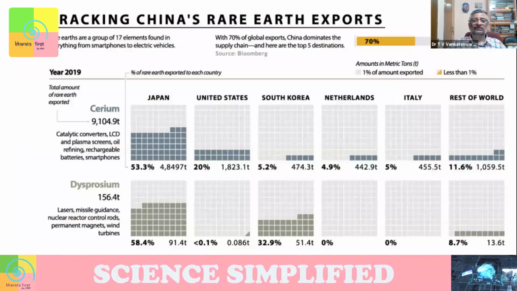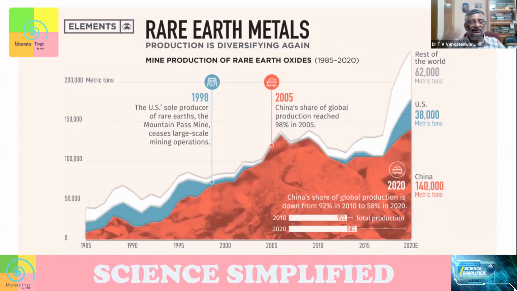One reason is that it has high reserves. Second, China has entered into agreements with various countries which have rare earth elements for processing. Most of the processing takes place in Chinese firms or Chinese-controlled firms.